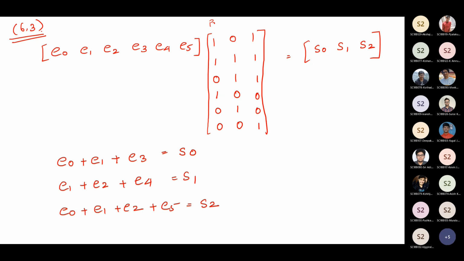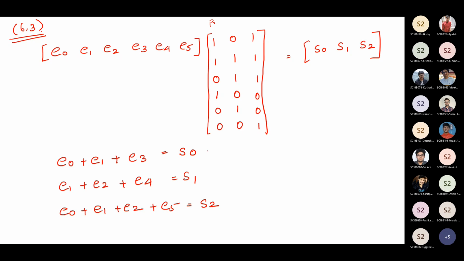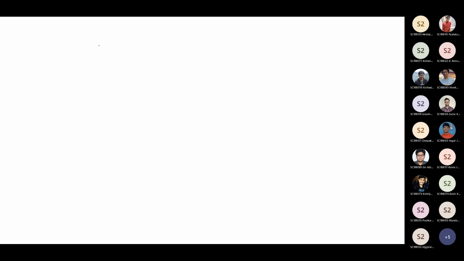Okay, so from the received vector R at the receiver and H transpose, from this I can find out S. Once S is known, for example, the S vector is 0, 1, 0. Or we can take a particular example: this is your code word 1, 1, 0, for (6,3).